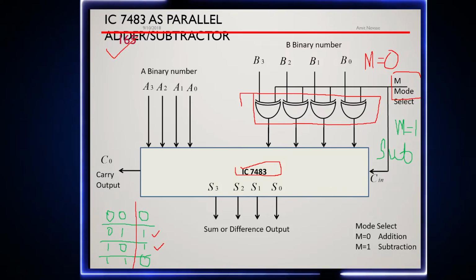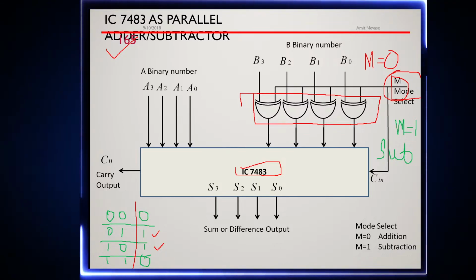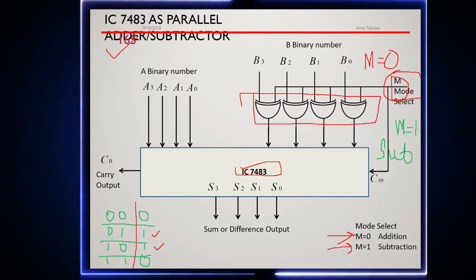You can see here a common pin has been connected to this mode. So when mode is 0, it would act as an addition operation, and when mode is 1, it will act as a subtraction operation, right?